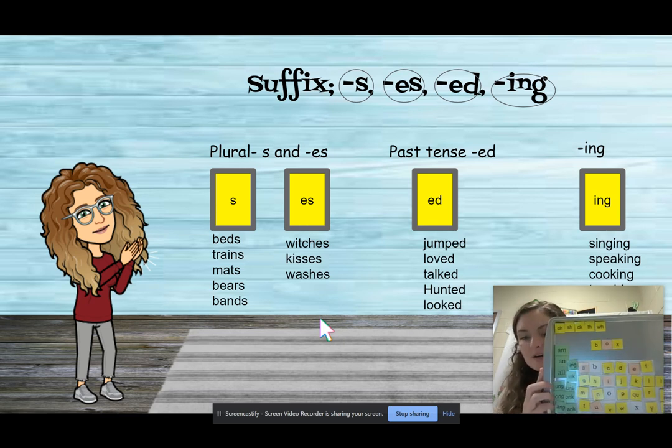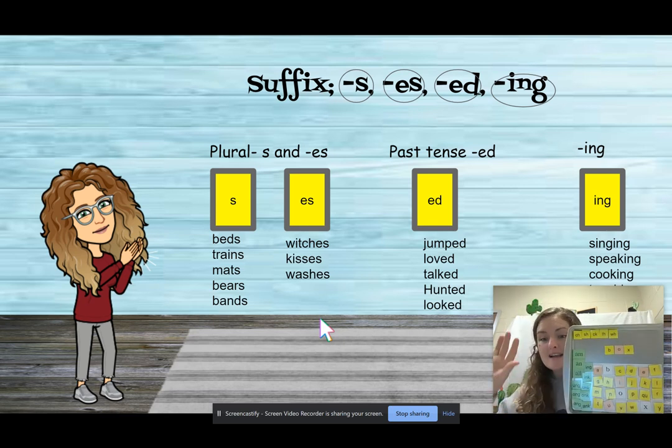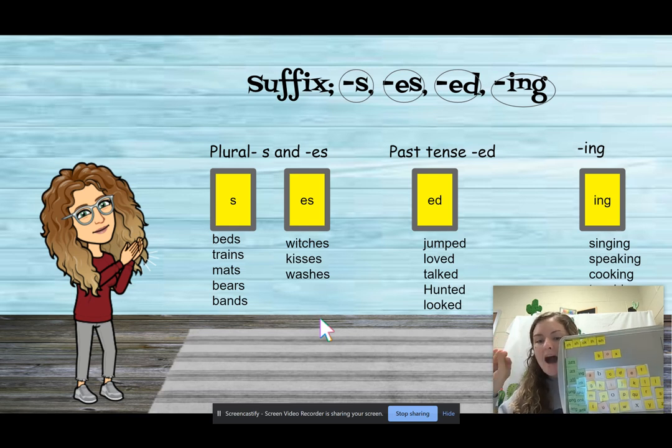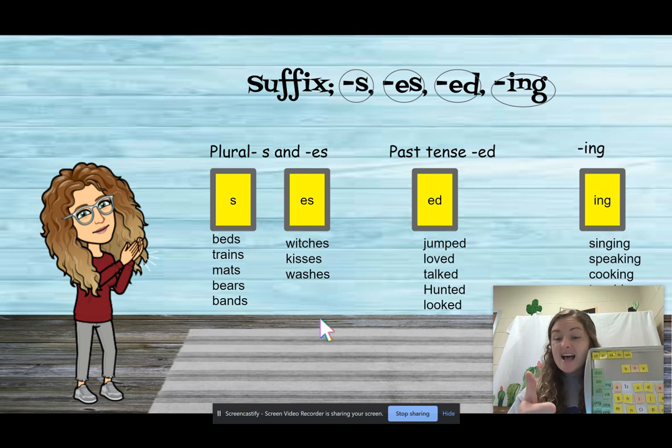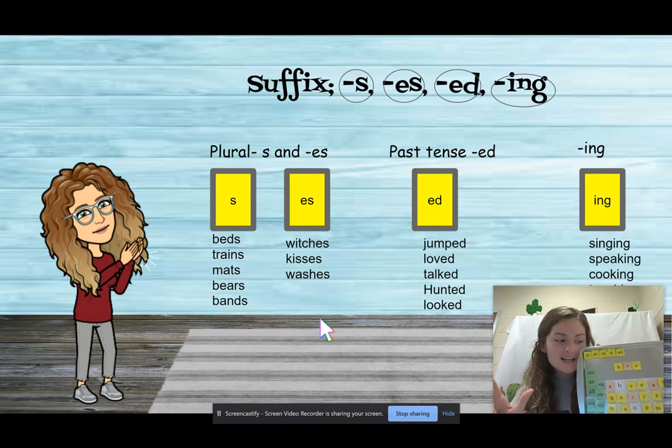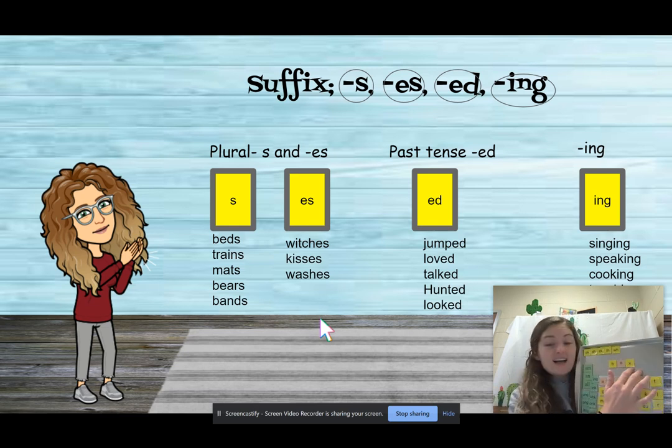So I'm going to build a word that requires us to use ES. What is this word? Box, right? Let's tap box. B-ox, box. Now, if a word has S, CH, SH, V, or X as the end sound before we add a suffix, it gets an ES. If it has an X at the end, it gets an ES.